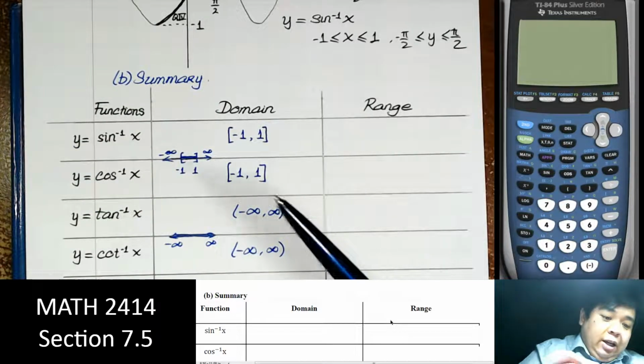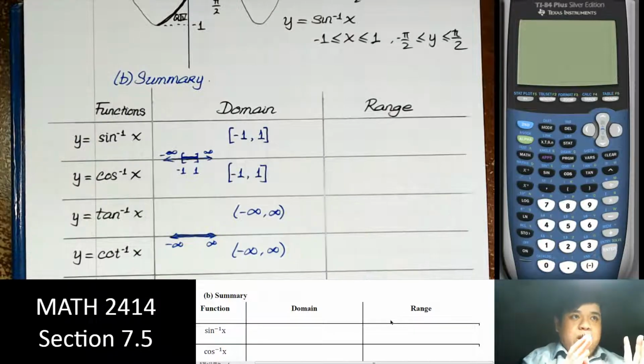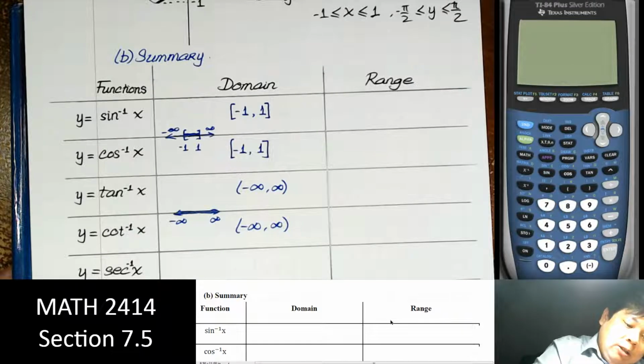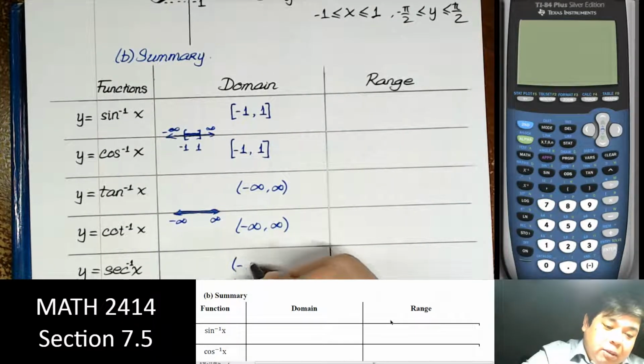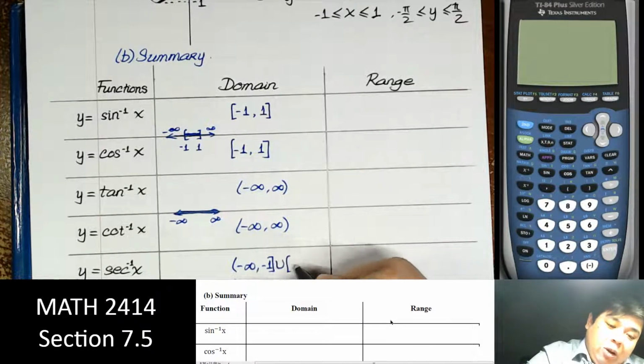So the domain for sine and cosine inverse is between -1 and 1, and for tangent and cotangent inverse, the whole line. Cosecant and secant inverse are on the outside, so we will write -infinity to -1 and 1 to infinity.